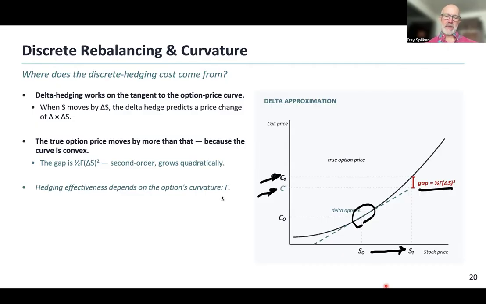And you'll notice here that it grows quadratically in the size of the move. So the larger the move, the more painful, basically, in terms of the cost or the slippage in the hedging program. And so we refer to this convexity, that is the shape of the option pricing curve, as the gamma of the option price. So this convexity is actually called gamma.